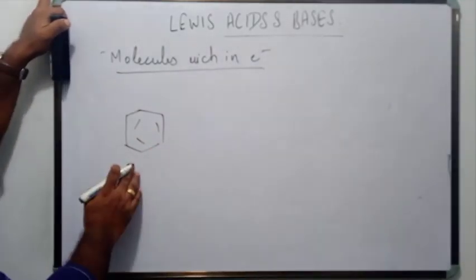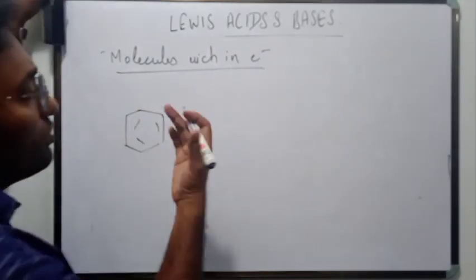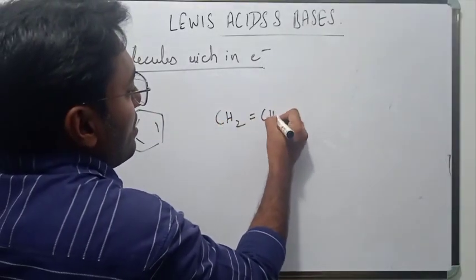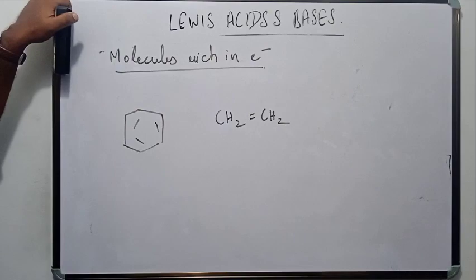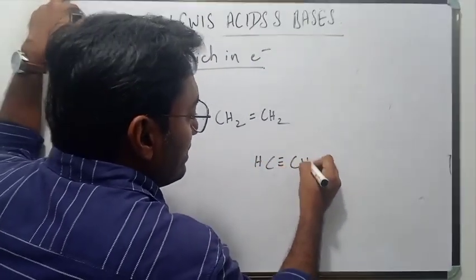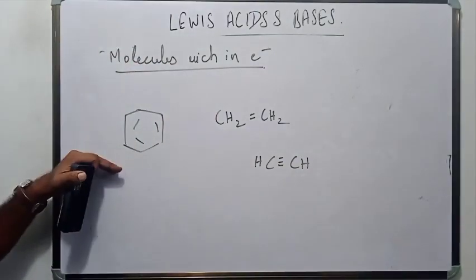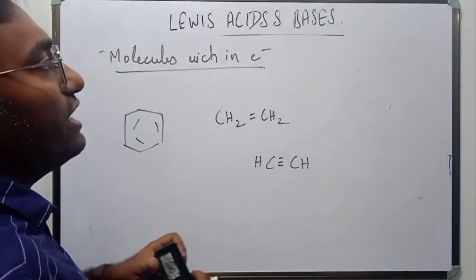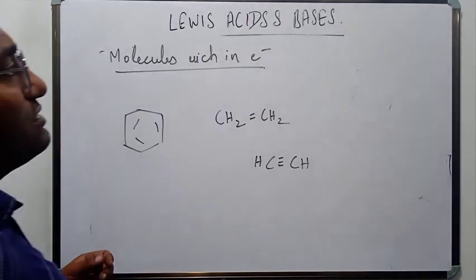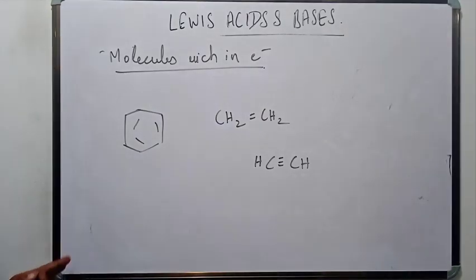Because it is rich in electrons, it will be able to act as an electron donor. Look at alkene, it's rich in electrons. Alkyne, rich in electrons. So because they are rich in electrons, they are able to donate electrons, and therefore they can act as Lewis bases. Dear students, we have completed examples of Lewis acids and Lewis bases.